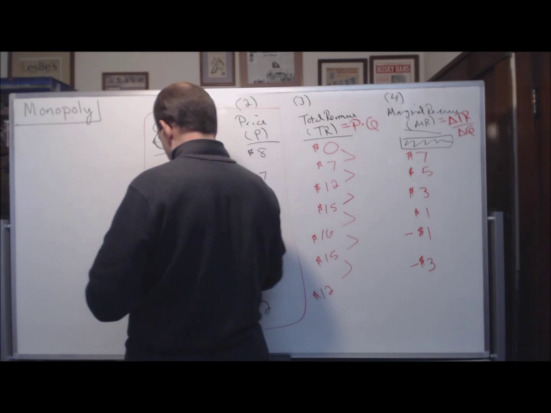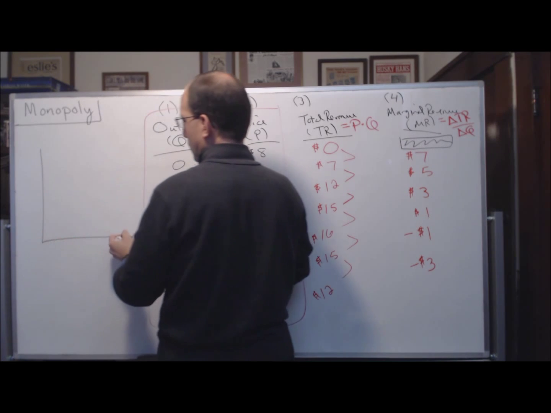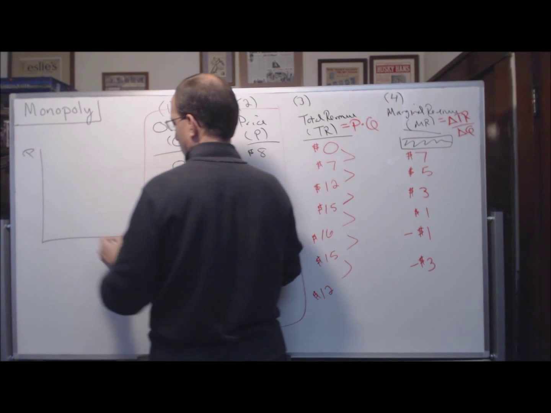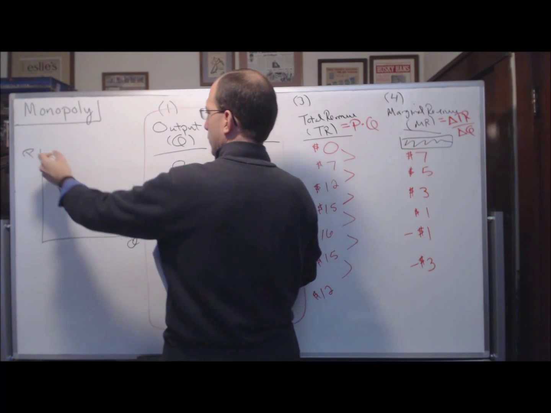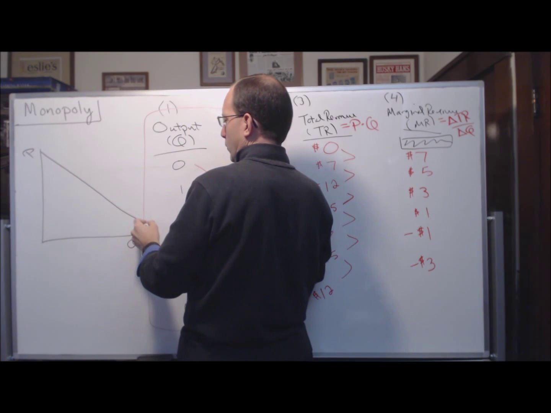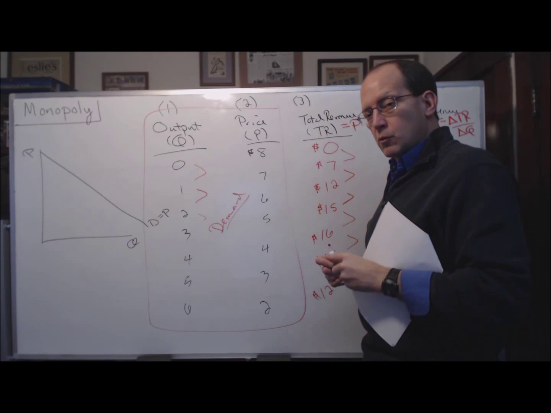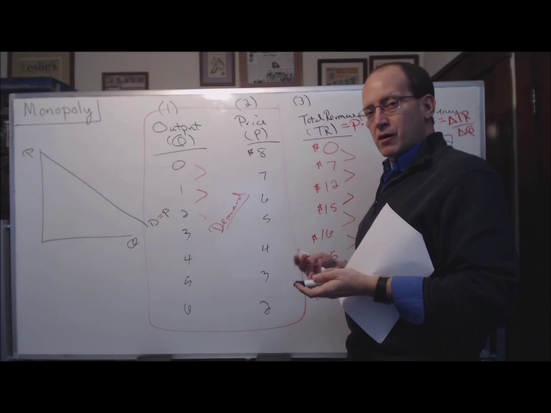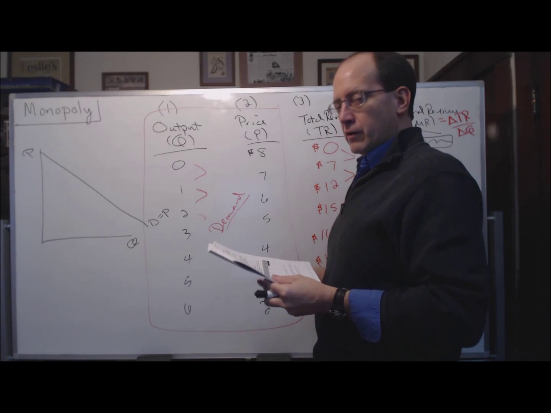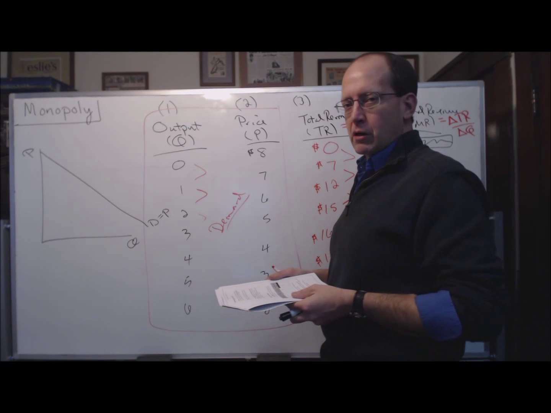In fact, I'm not going to get all the numbers here, but just the general shape: as the price, in order to sell more, she has to lower the price. So her demand curve, which is her price line, is downward sloping. Why? She's the market. She's the only provider of that particular product, and so she faces the entire market demand curve.